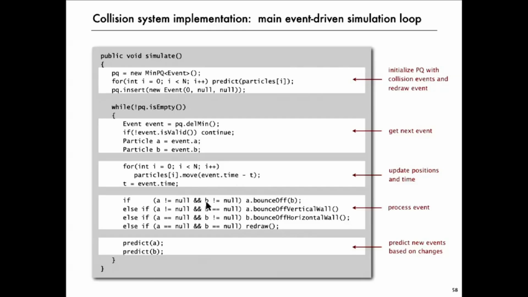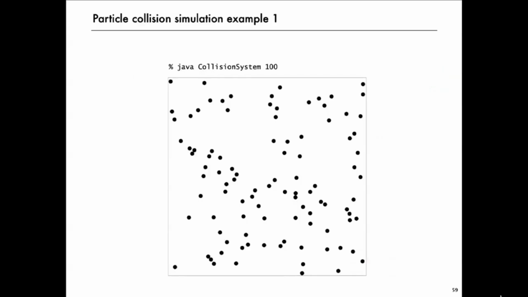Then we test which of the four types of events it is: either redraw, bounce B off A, or bounce off a vertical wall or horizontal wall. And then we do the predictions for each of those particles, A and B, against all other particles. That's pretty much all the code for the simulation.